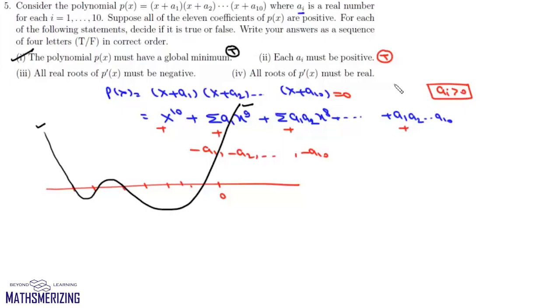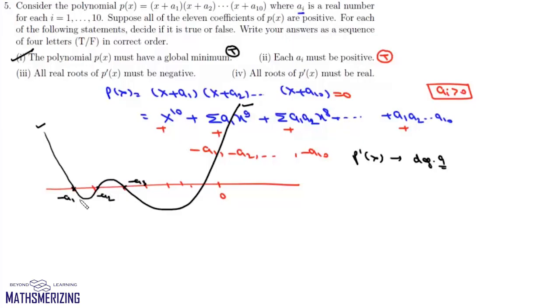Now this third part is all real roots of p dash x must be negative. Now p dash x is a polynomial of degree 9. Now we need to know whether this polynomial has real roots or not. Now there are 10 roots of this equation: minus a1, minus a2, minus a3 and so on. Now from Rolle's theorem we can say that between two roots of f(x) there will be at least one root of f dash x.